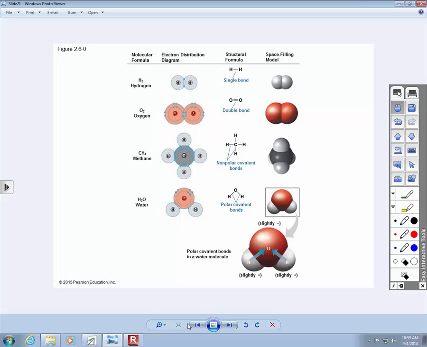Then we're filling the first shell of both atoms involved. Because they are sharing those, both are going to have 2 electrons in that first shell, and of course that would be a filled outer shell.